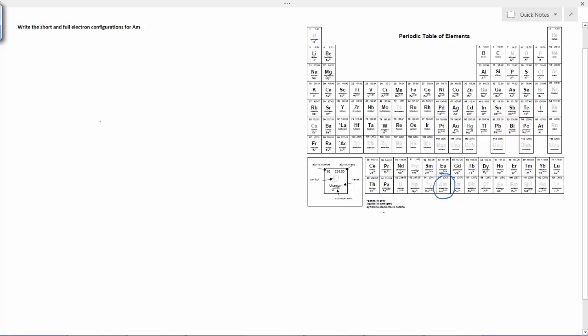Alright, so the example I'm going to use here, and sorry for the fact that it's so small, is write the full electron configuration for Am. It's americium.